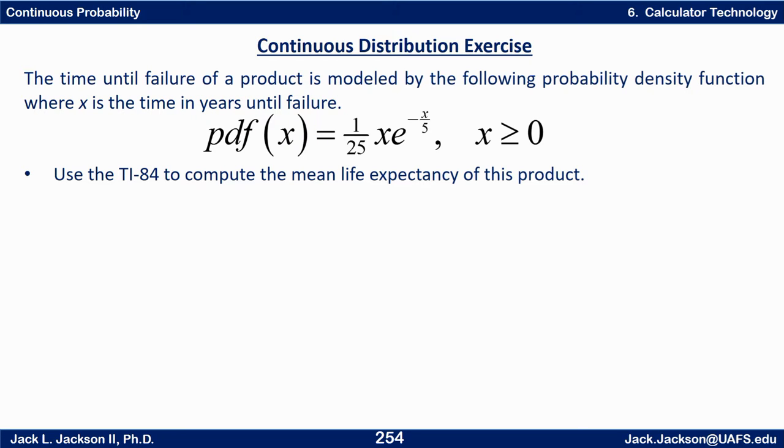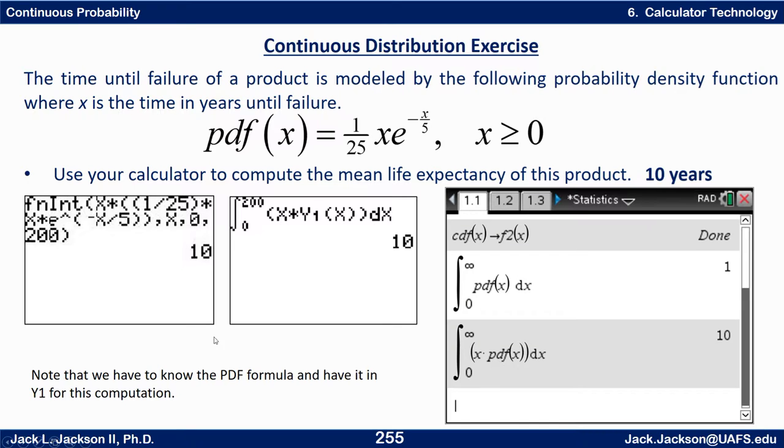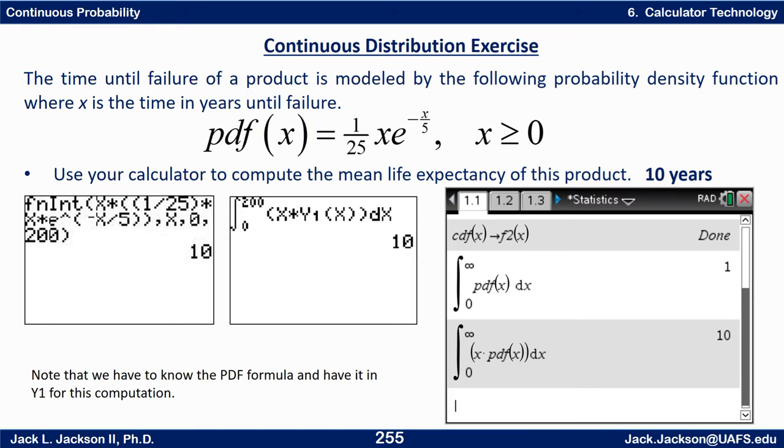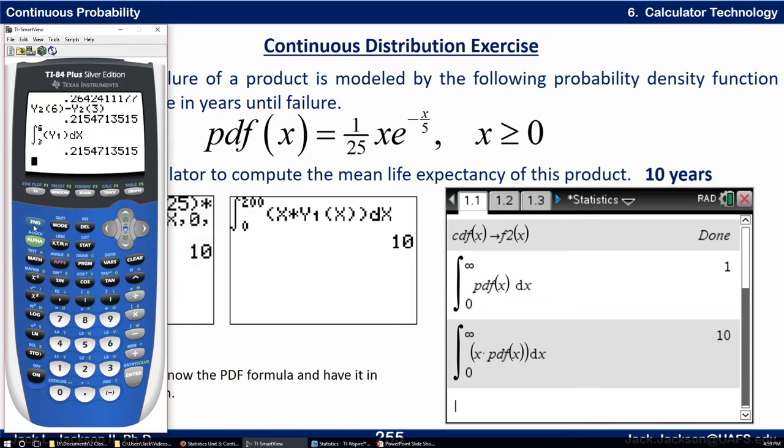All right, for the mean life expectancy, I need the PDF, which is in y1. I want to go here, and this needs to be x times that.